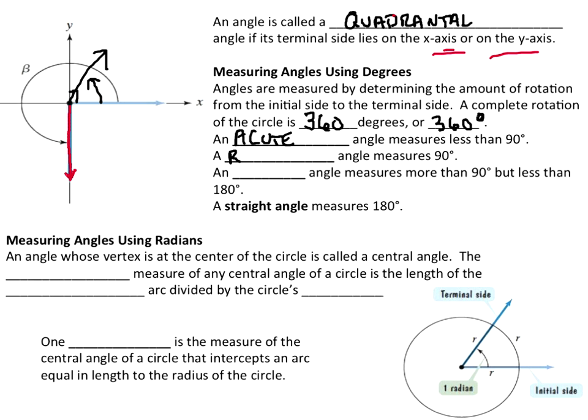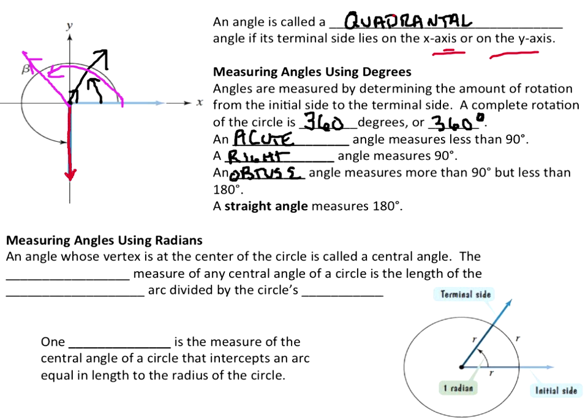A right angle measures exactly 90 degrees, and an obtuse angle measures more than 90 degrees. I'll get another color and sketch an obtuse angle for you, starting at the initial side.